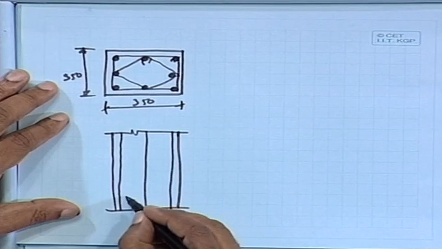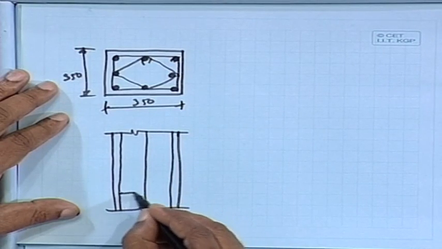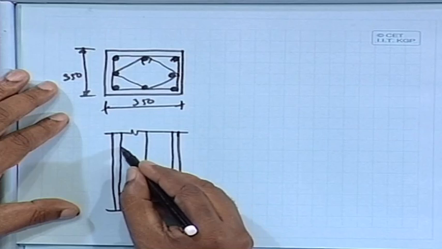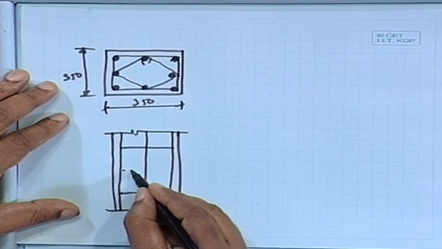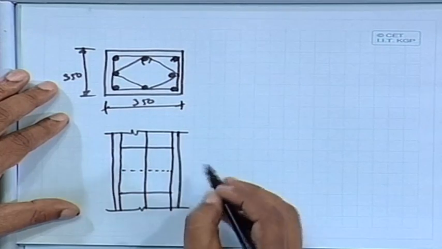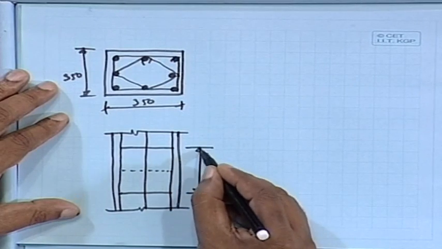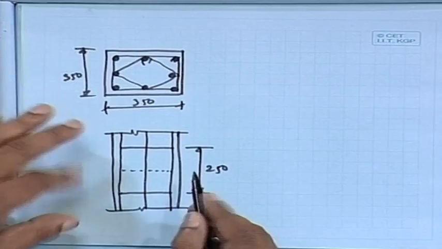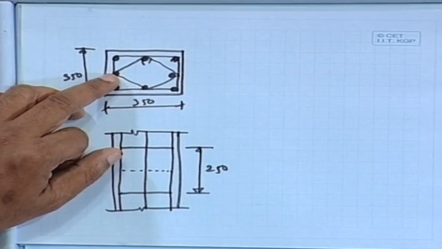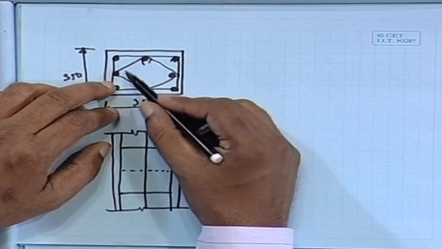Then we can find out that like this, and let us provide here one. I mean to say this gap is 250. That means, I am not providing the one I showed in one, that I do not want to provide at the same level.